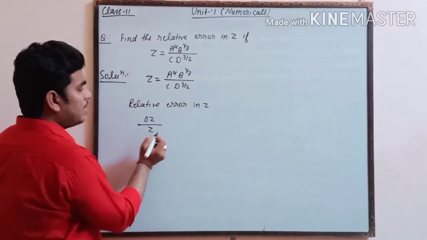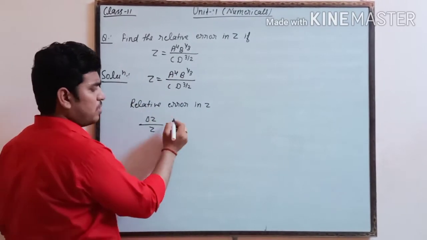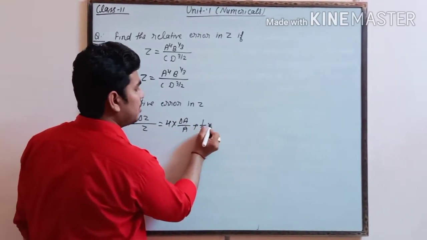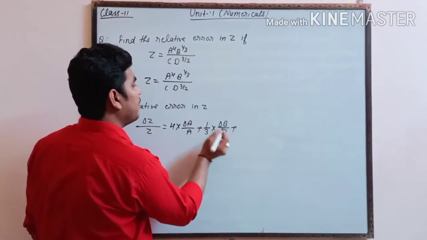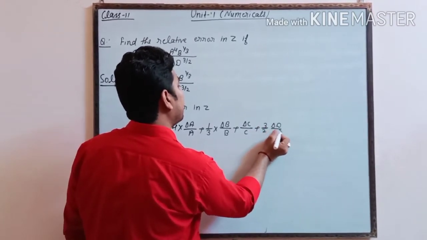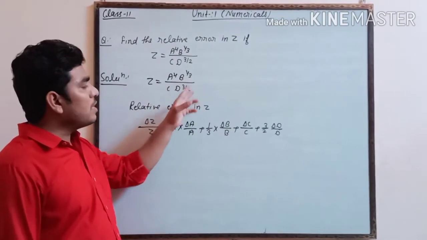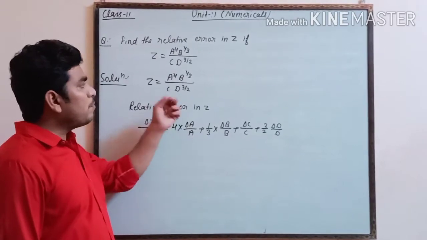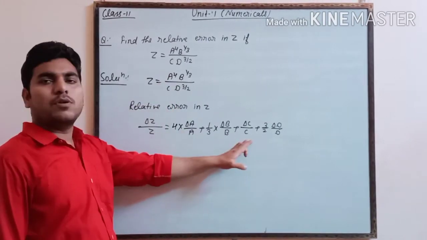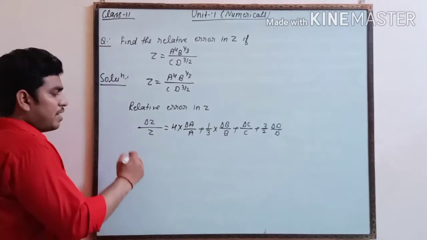It will write delta Z upon Z and the power comes as the first term, 4 into delta A upon A plus 1/3 into delta B upon B plus delta C upon C plus 3/2 delta D upon D. हमने पहले ही पढ़ लिया है कि चाहे सम हो या प्रोडक्ट हो या डिवीजन हो, सब में जो पावर, जो मैक्सिमम एरर होगी जेड में वो इंडिविजुअल क्वांटिटी में एरर का सम होगी. ठीक है, और जो पावर होगी वो सब के सब सामने आ जाएगी. So this is the relative error in Z.